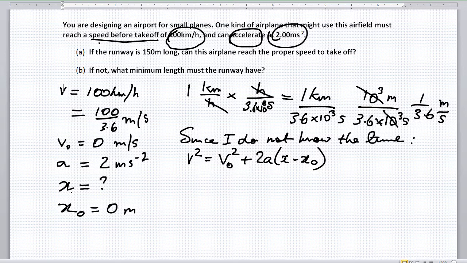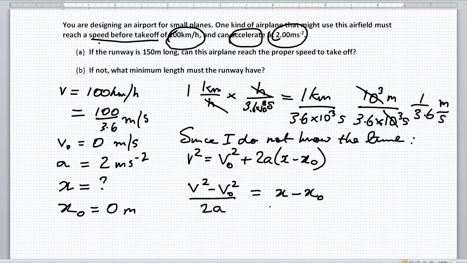Now we're looking for x, so we need to transform this equation so that it says x equals something. So that's v squared minus v naught squared, subtracting v naught squared from both sides, divided by 2a, dividing both sides by 2a, equals x minus x naught.